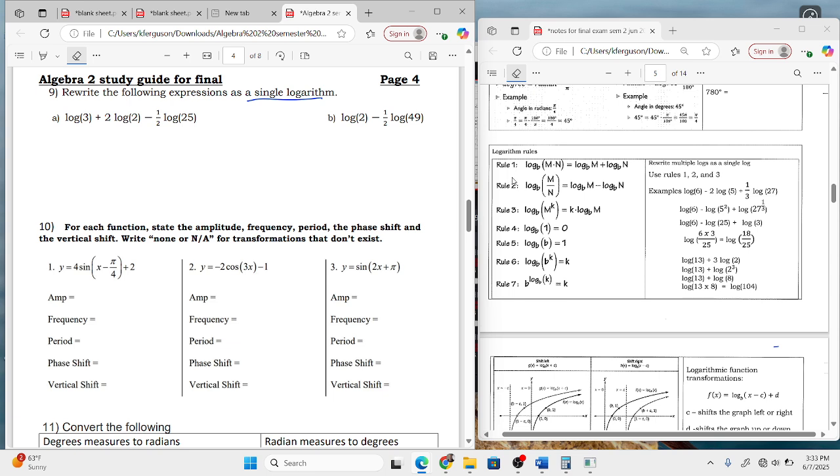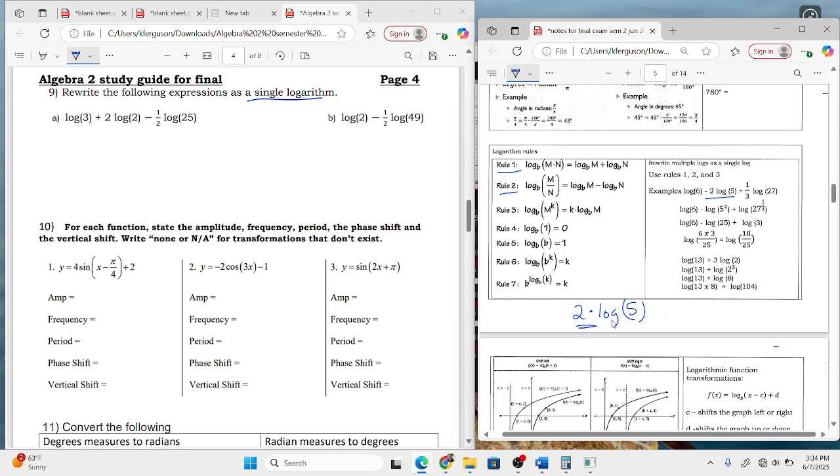We already spoke earlier about rule 1 and rule 2. So rule 3. Rule 3 applies to this right here. So if I look at, say, this right here, 2 times log of 5.